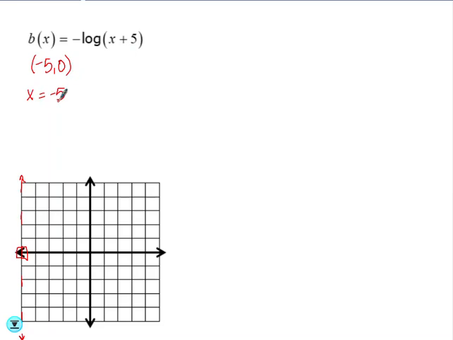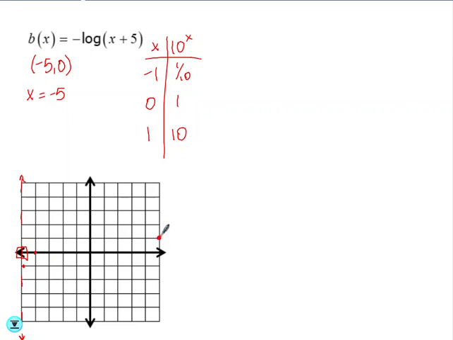Here, since there's no base written, that means that this is a common log and the base is 10. So if I think about the function 10 to the x, and then switch the x and y values, I'm going to go over 1/10, down 1, over 1, up 0, over 10, up 1.